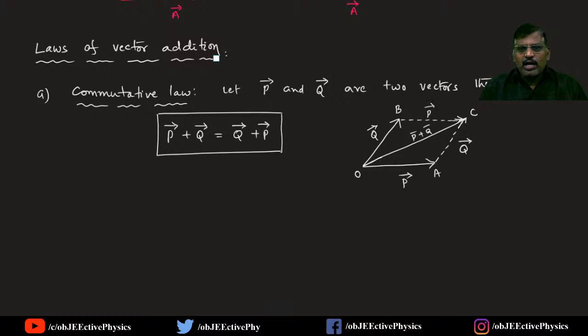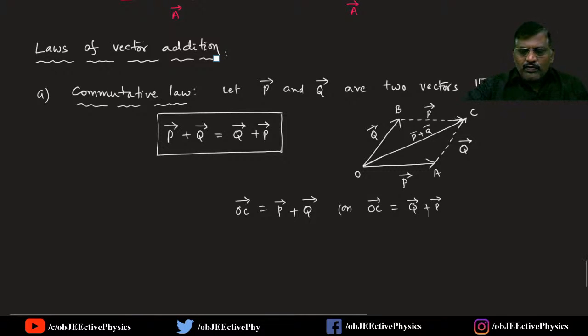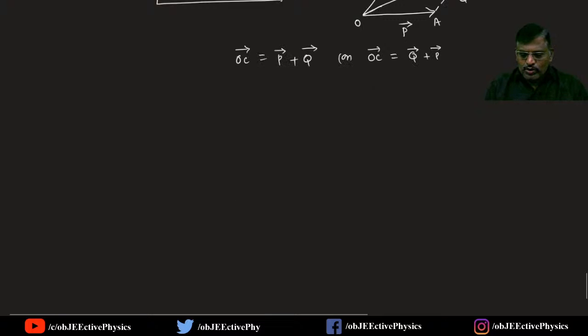So again Q bar plus P bar, which is also equal to OC bar. So in the diagram, OC bar is equal to P bar plus Q bar in both cases. So OC bar also gives Q bar plus P bar in the second case. So these are the laws of vector addition. First one, commutative law, and the second one is associative.